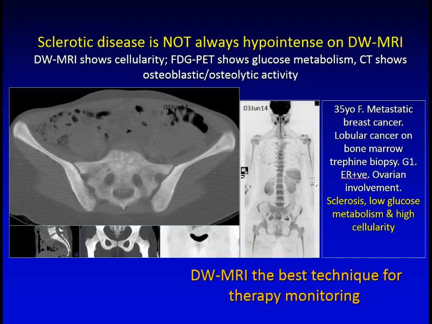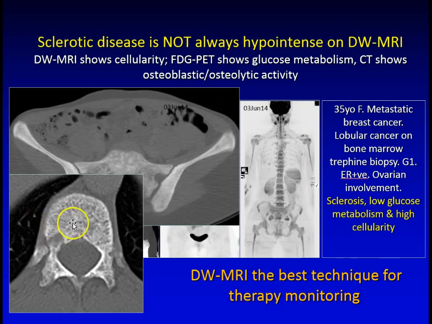But if you were to then look at high resolution images of the bones, you'll see that although this is a sclerotic deposit, there are lots and lots of spaces here which have tumor cells, which then gives us the positive whole body MRI scan.